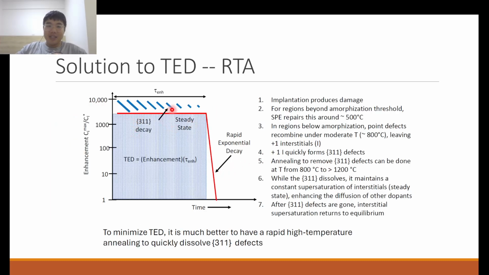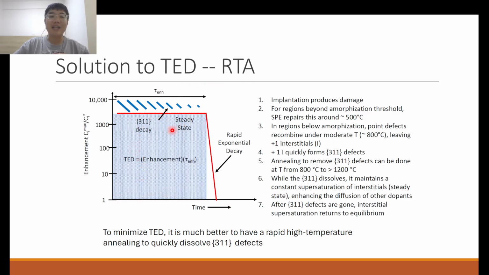As you can see, this is what is done. During the period where your 311 defects still exist, we have a high rate of diffusion. This high red line represents transiently enhanced diffusion of your dopants. However, once these 311 defects run out, the diffusion goes back to its normal level.